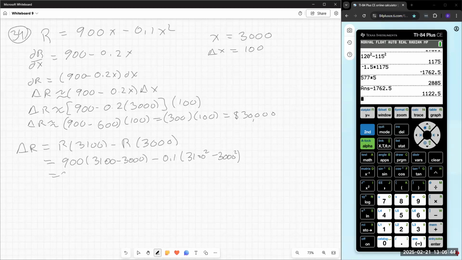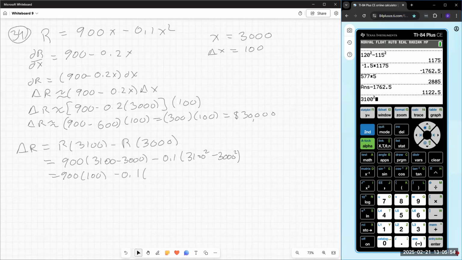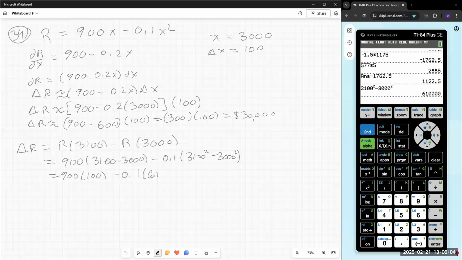That is 900 times 100 minus 0.1 times 3,100 squared minus 3,000 squared, which is 61,000,000.